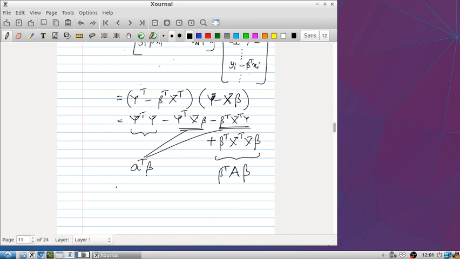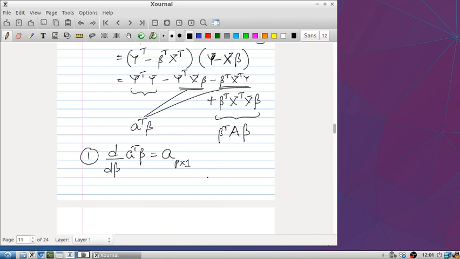So now I can say d by d beta of A transpose beta happens to be equal to A, which is p-dimensional. This is the first thing that we can derive. The second thing is d by d beta of beta transpose A beta happens to be A plus A transpose times beta. And we will try to derive it next class or something like that.